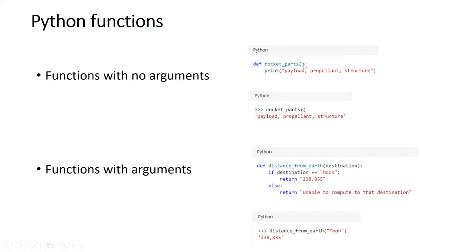So def, then the name of your function, then a colon, then the instructions inside the function will be indented, meaning we leave 4 spaces between this def and this print. In other programming languages, blocks of code are identified using curly brackets.